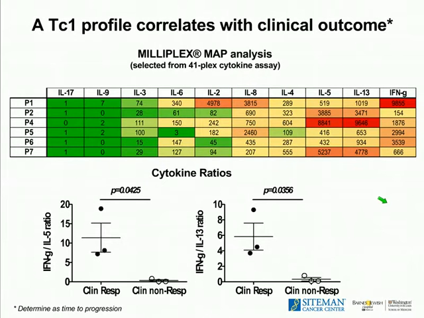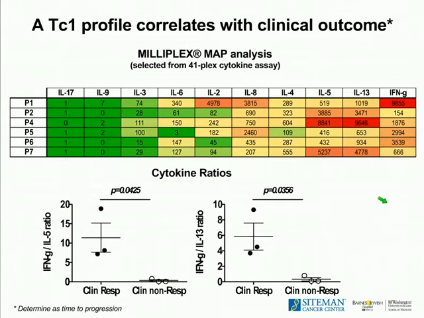All the patients had an immune response, so it was not the quantity of the immune response, but possibly the quality of the immune response. So we took T cells from, I'm showing you here, 6 of the 7 patients.